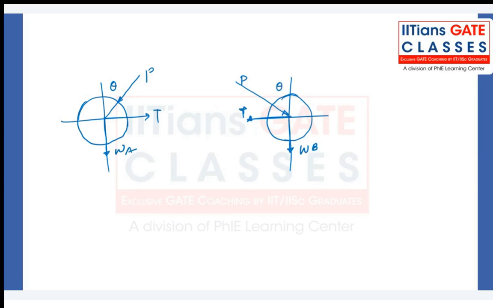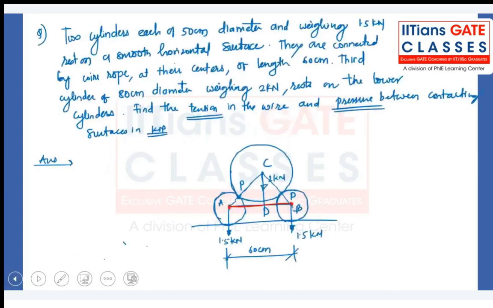So what is theta? This is theta, and this is also theta on the right hand side because it's a symmetric figure. You can calculate the angle theta: sine theta is equal to perpendicular divided by hypotenuse. Perpendicular is 30.